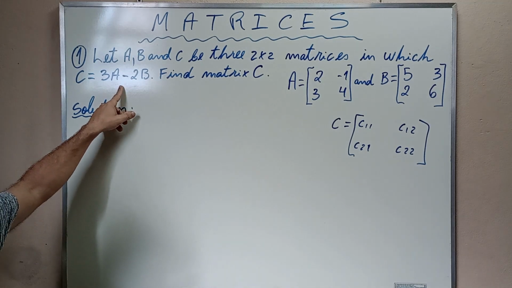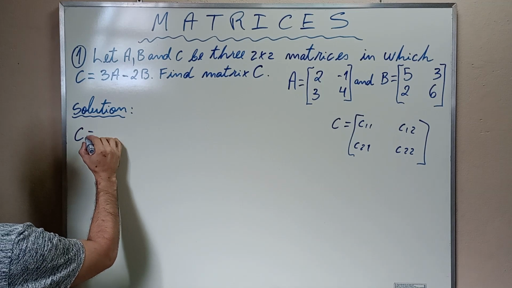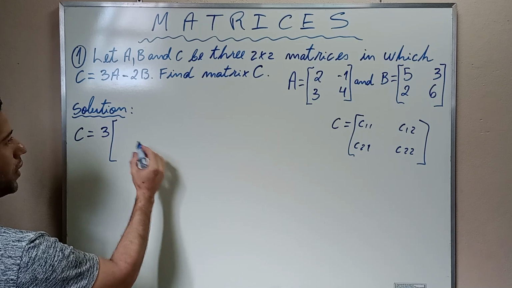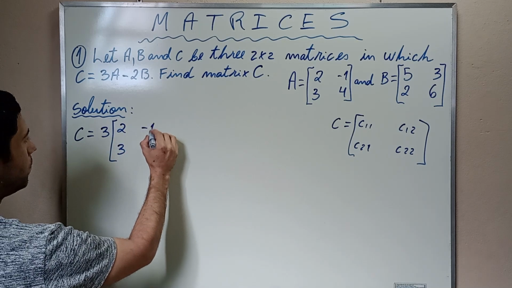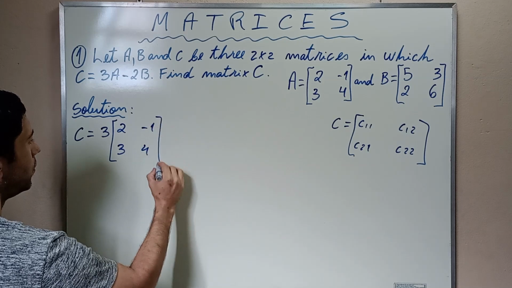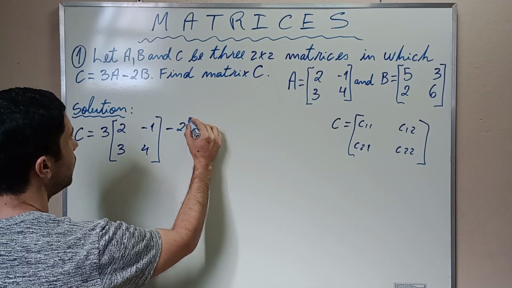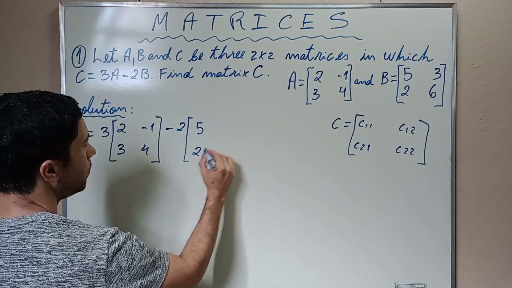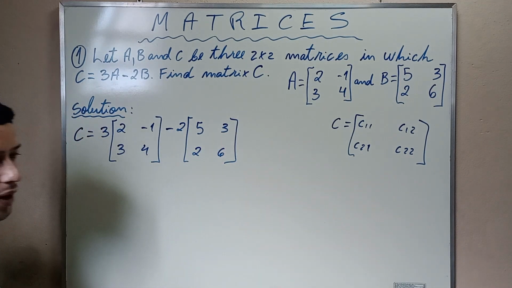We need to use this rule of formation here. C will be equal to 3 times matrix A minus 2 times matrix B. All right?